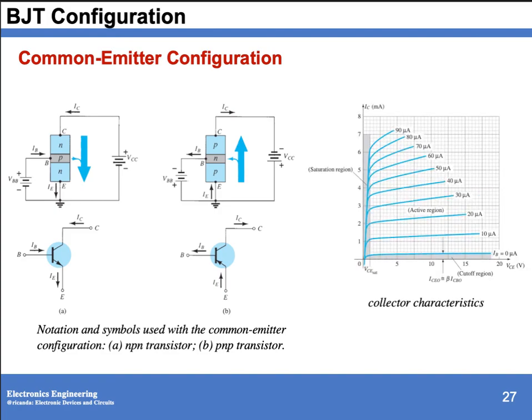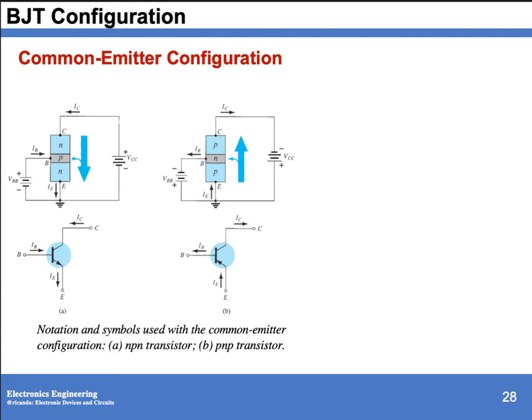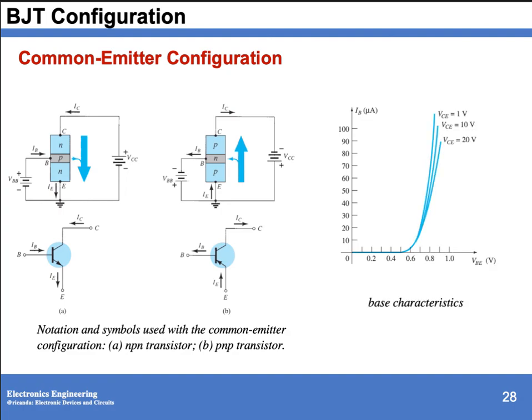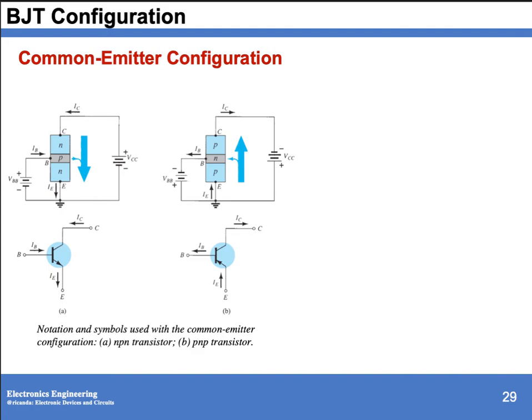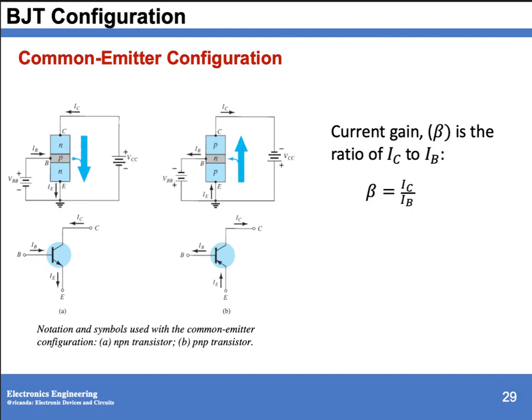This is your collector characteristic, and this is the base characteristic with the three levels of your VCE. The ratio between your collector current, your output, over your input is what you call your beta. And beta equals IC over IB.